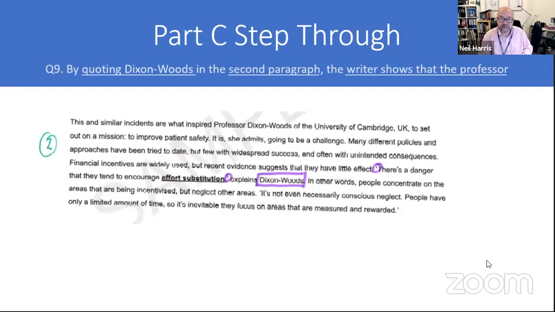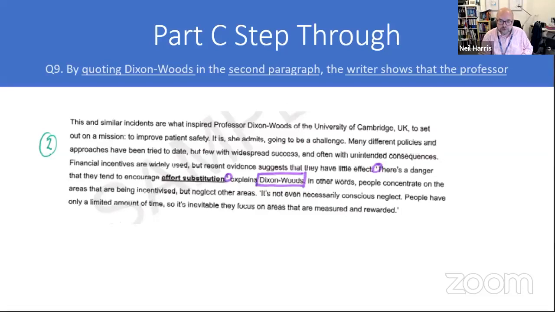So just as that's loading on screen in a few seconds, you should be able to see down here in the fourth line, there is a speech mark. There it is there. The end of the quotation ends here, and then Dixon Woods appears here. So it's in this area that we want to be looking.